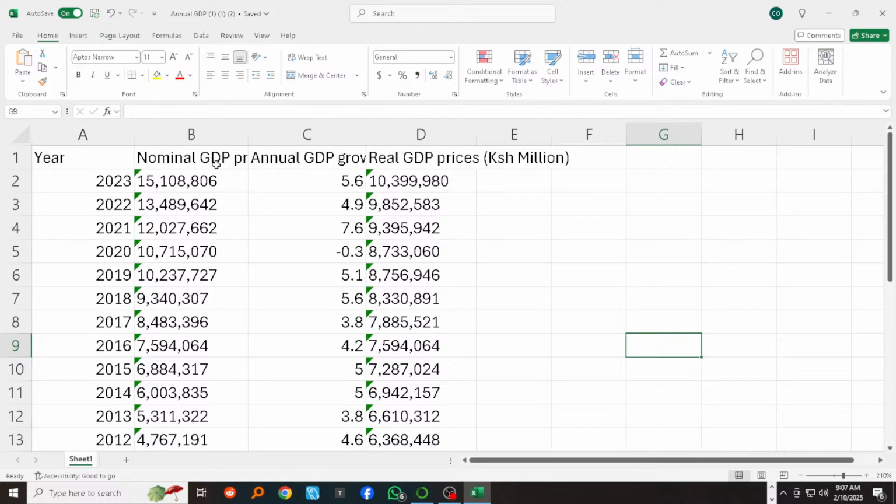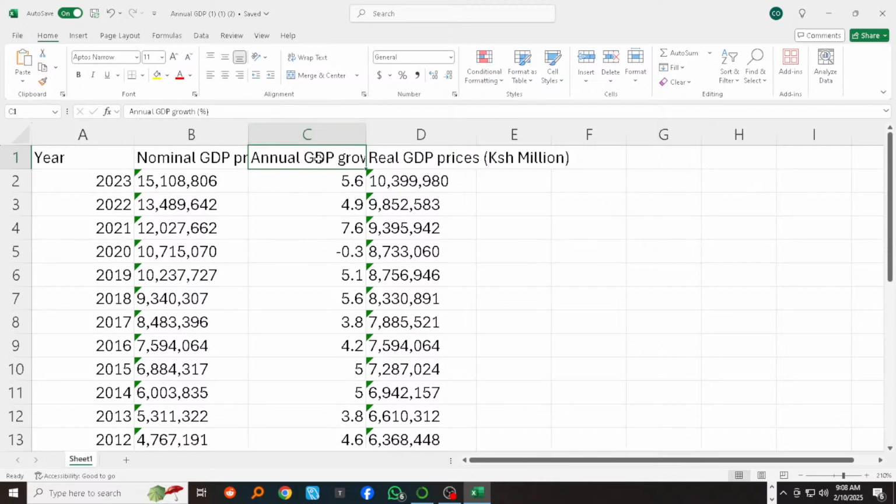There's a column for the annual GDP, nominal GDP prices in million Kenyan shillings. So the entries that we have here are in millions. And the annual GDP growth percentage is also recorded in this column.